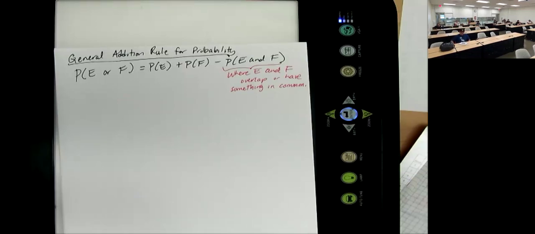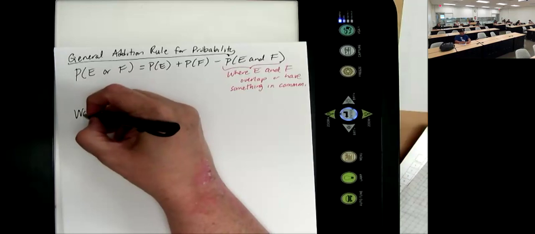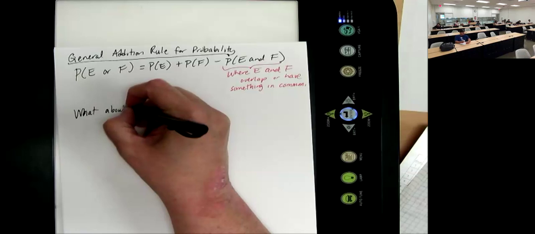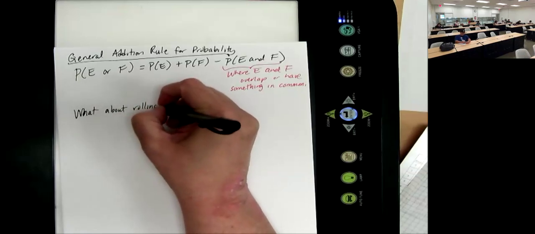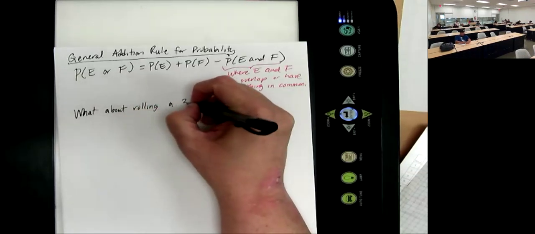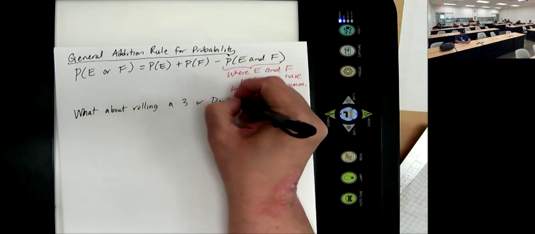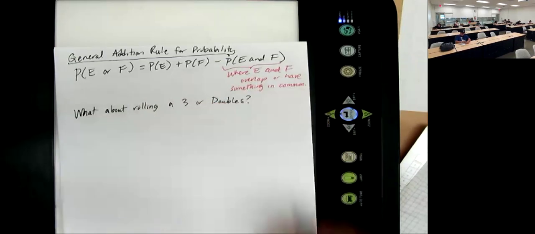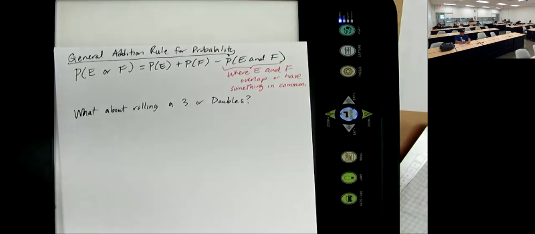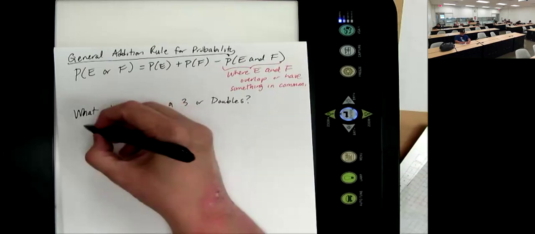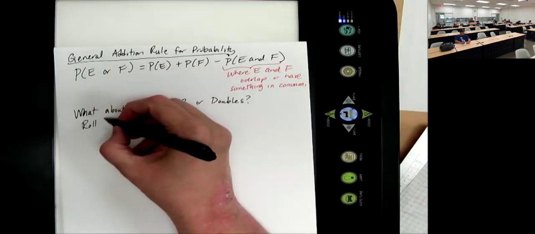Alright, so on to this. What if we had something different? What about rolling a 3 or doubles? Well, the ways to get a 3, we already did the doubles.